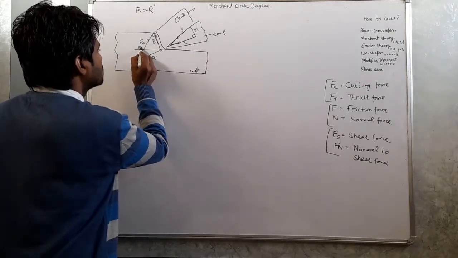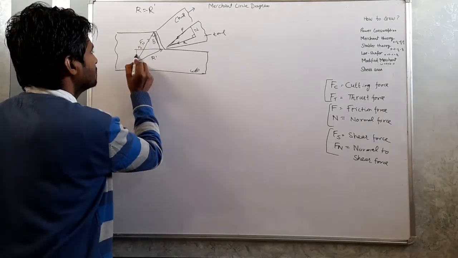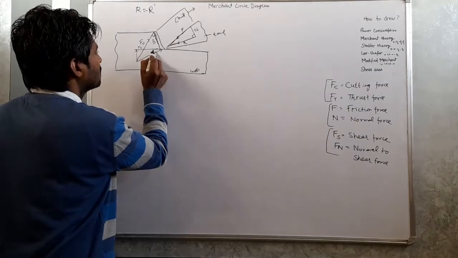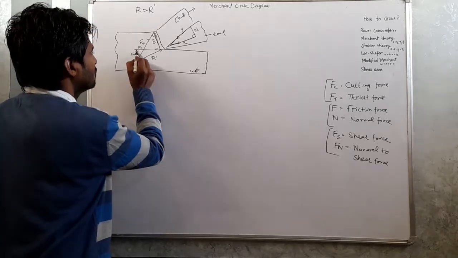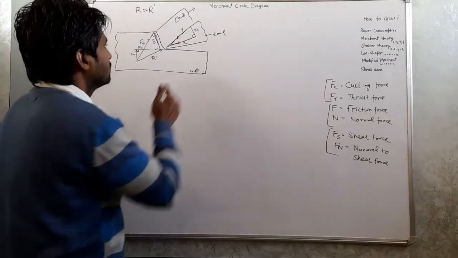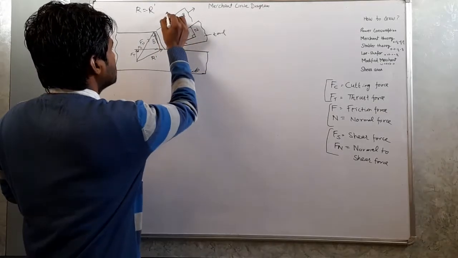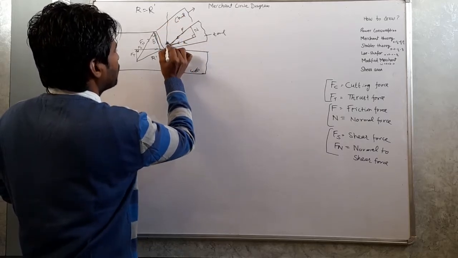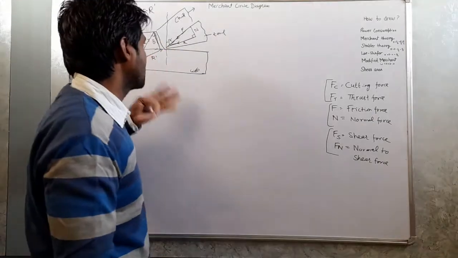And there is another force at 90 degrees to this, that is Ft, the thrust force. These two forces are at 90 degrees, and this is the rake surface. This rake surface makes an angle alpha with the vertical. Alpha is the rake angle, as I discussed in the last lecture also.